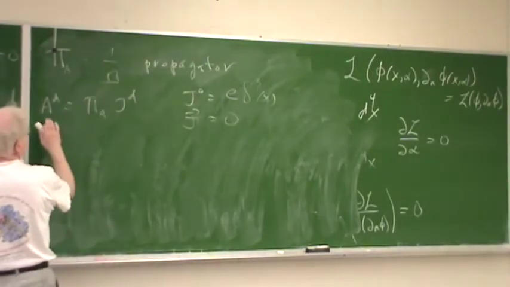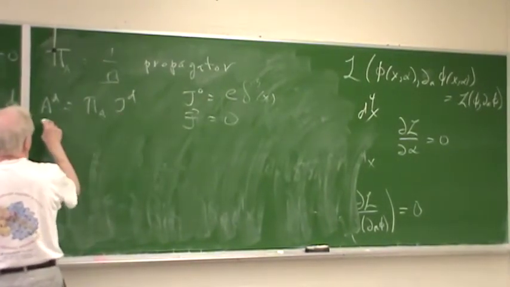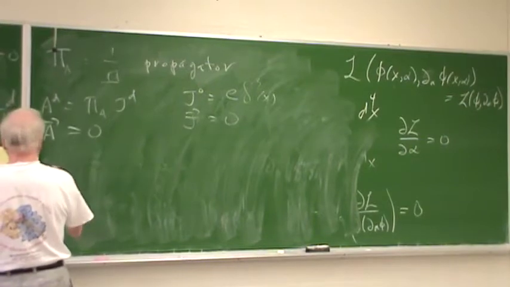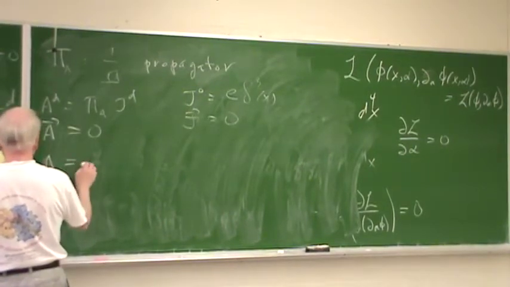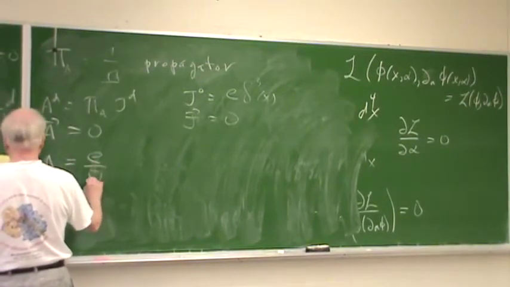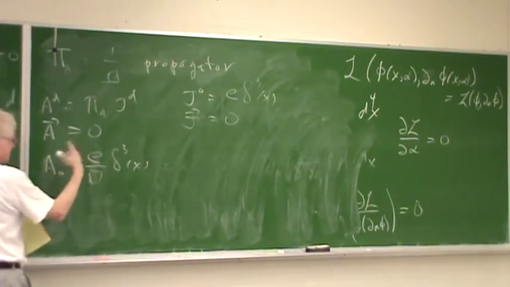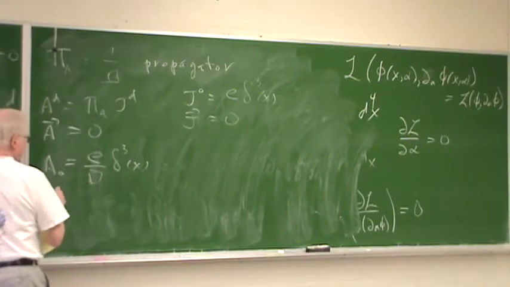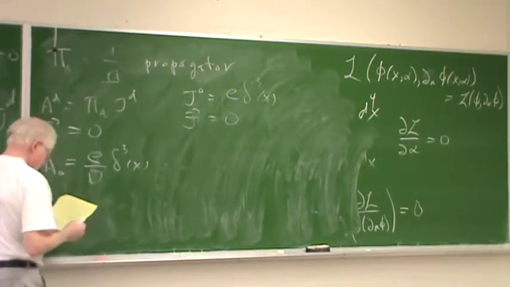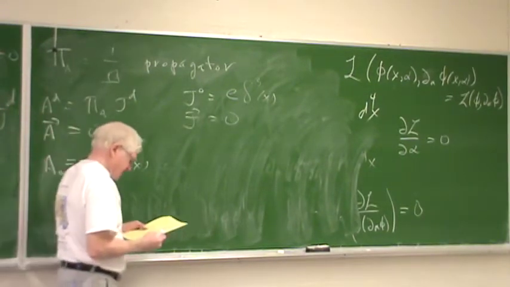And so the vector A is 0, and then A lower 0 is e over box times delta cubed of x. And this has to be interpreted, and we'll see what it means in a moment.